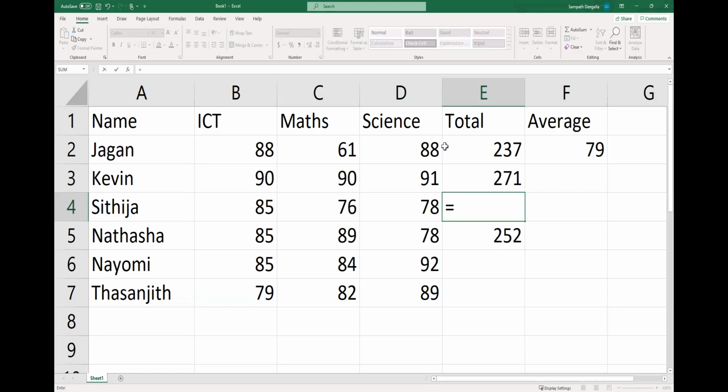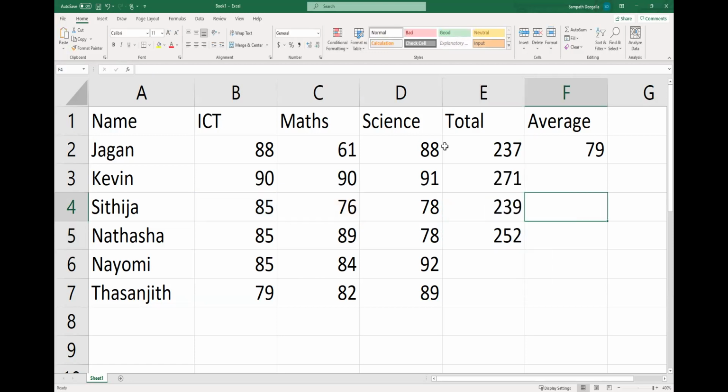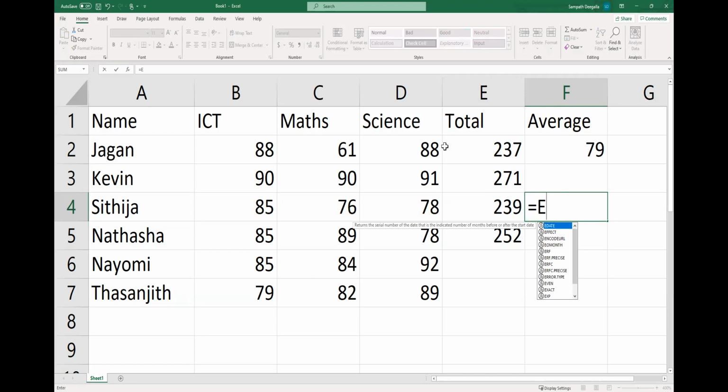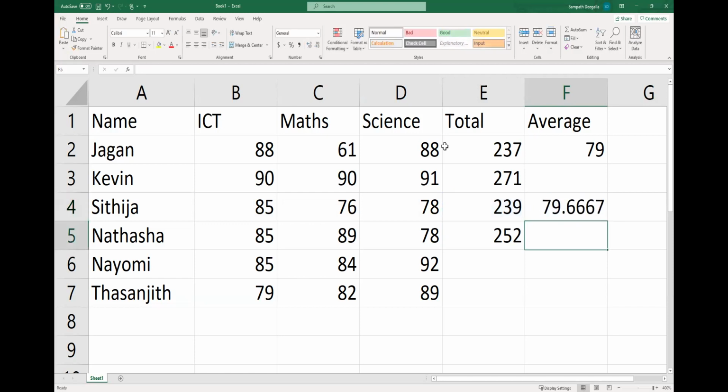So that is B4 plus C4 plus D4. This is the simplest way to calculate. There are some other ways to do this. Then to calculate the average, I'll take E4, which gives you the total marks, and we'll divide with the number of subjects. We'll get 79.6667 in my case.